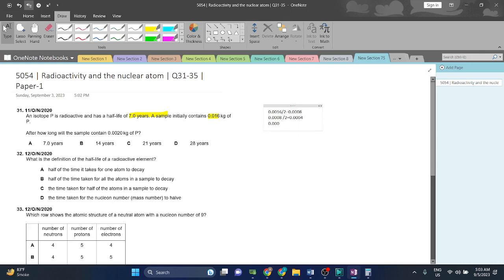And if we divide this by 2 again, we'll get 0.0002. So this is showing us how many half-lives are required in order for it to reach the value of 0.002 kilograms. It will need 3 cycles of half-life.